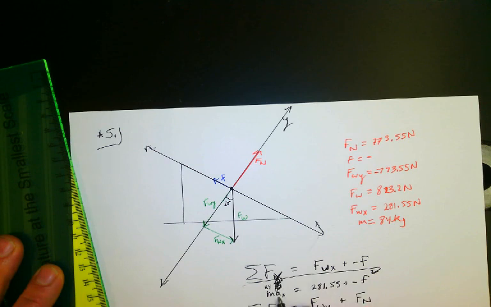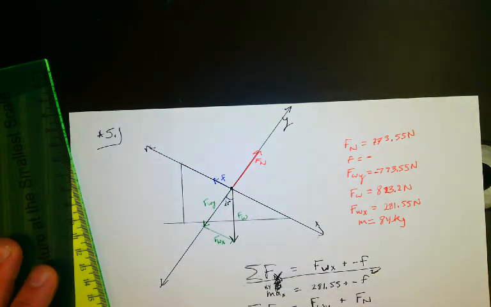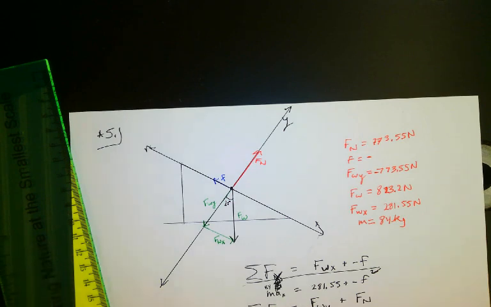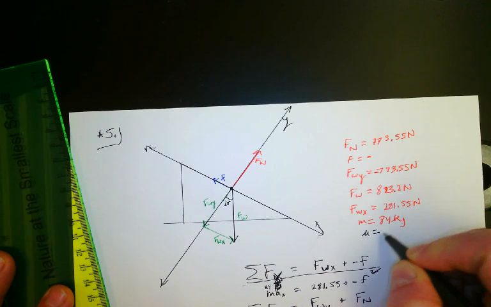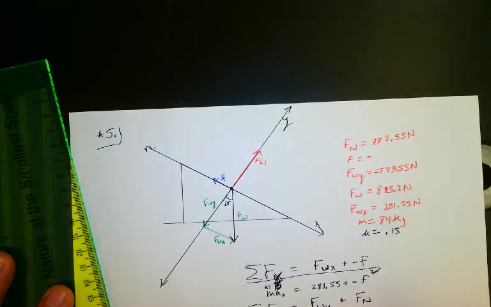And I don't know for sure if these are equal, because it doesn't say it's at a constant velocity. So I can't just say this one is equivalent to that one, like we normally do. So I'm going to have to go back to the equation. My force normal is 773.55, and u is 0.15.